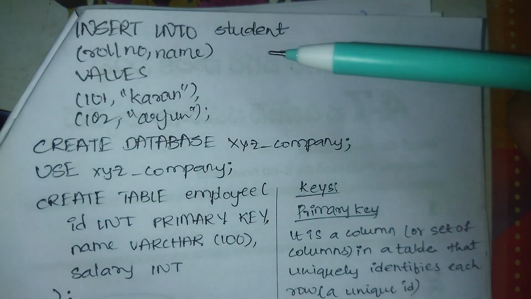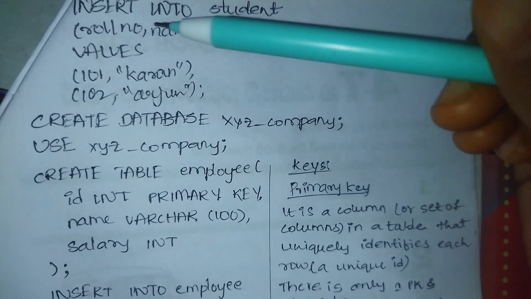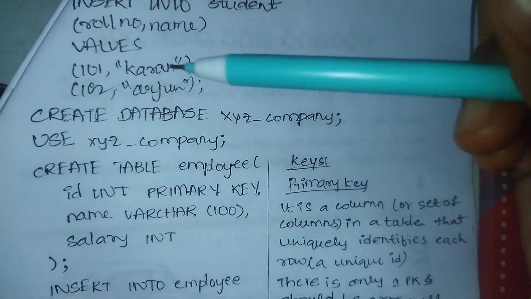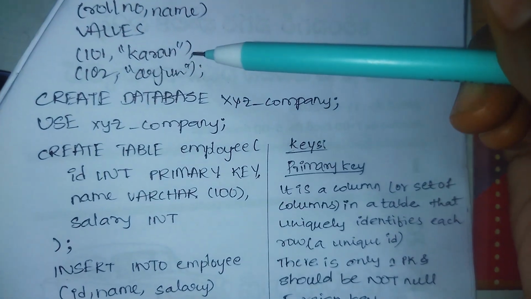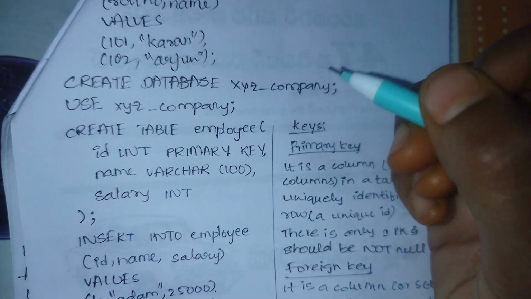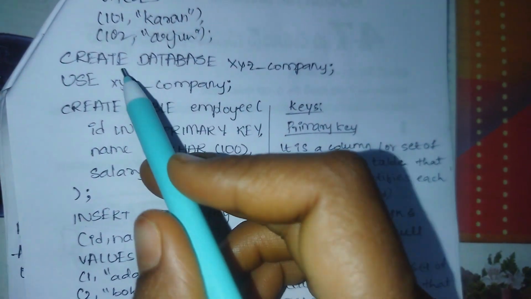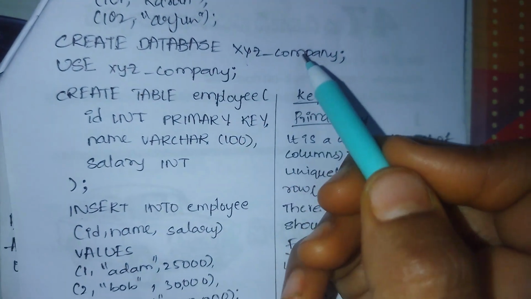Insert into student. Inserting the values to student, like roll number values and name values. Values like 101, 102, Karan and Arjun. It is the formation of table values.